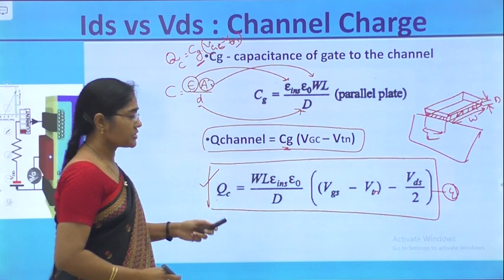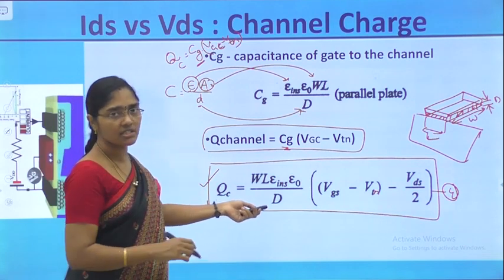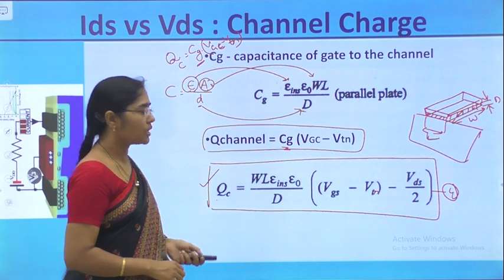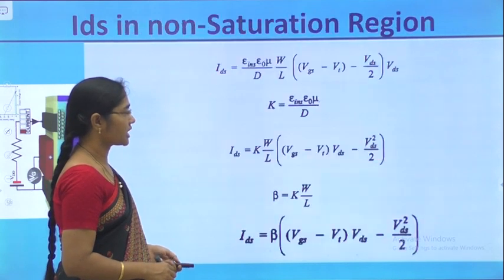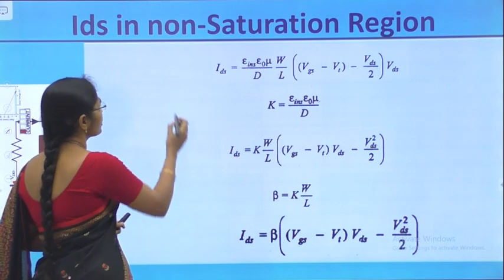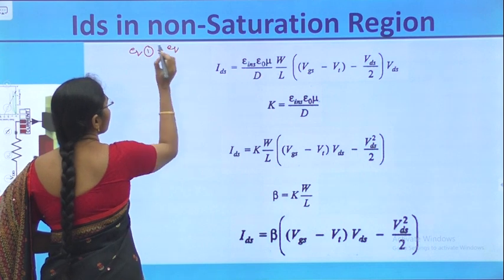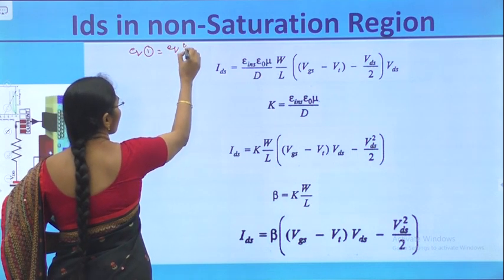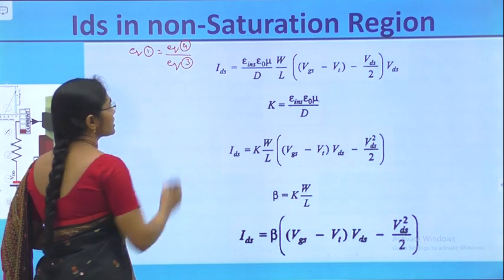Now, substitute this equation 4 and equation 3, which we got as electron transit time, in equation 1, that is the current equation, so that we will get the current derivation. So, equation 1 is equal to equation 4, charge, divided by equation 3, that is time.